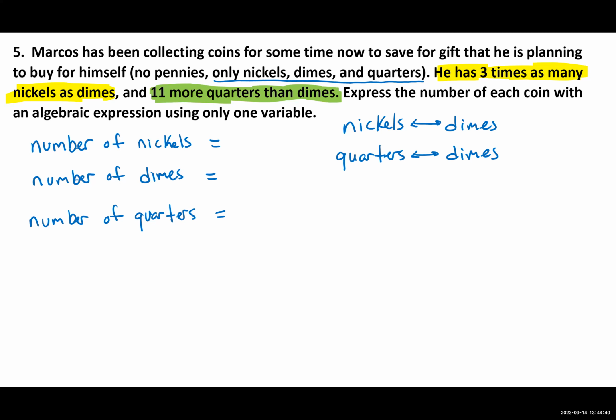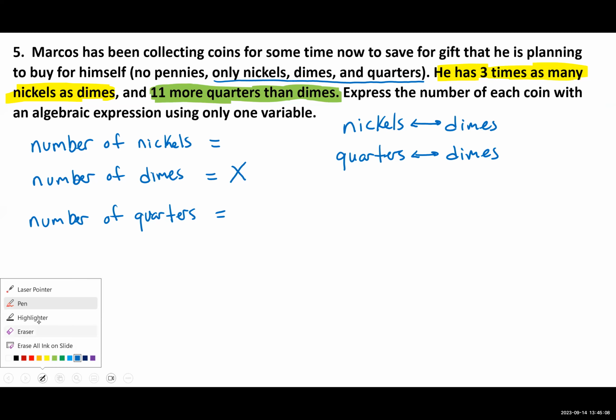So I think in this case, it makes the most sense to let X represent the number of dimes. And now we could figure out the other 2 based on the variable x. So if we look at the yellow highlighted statement, he has 3 times as many nickels as dimes. He has more nickels, actually 3 times as many as the dimes.